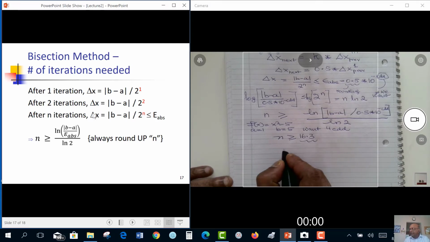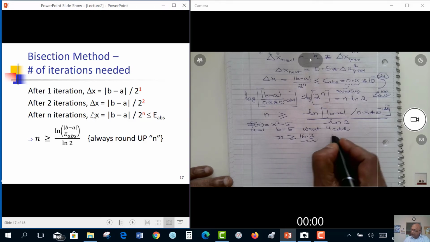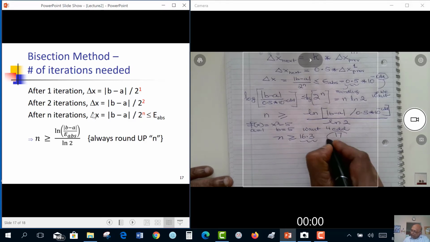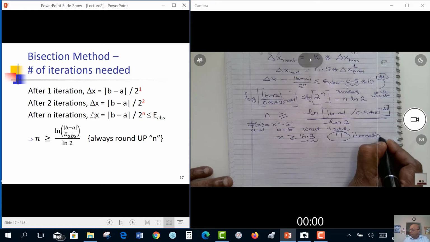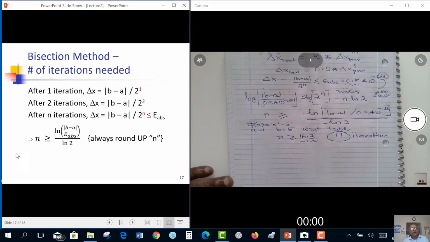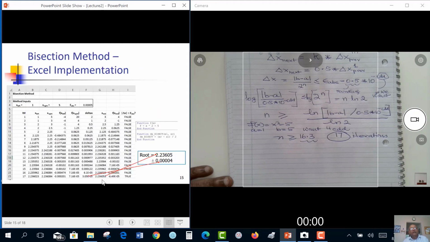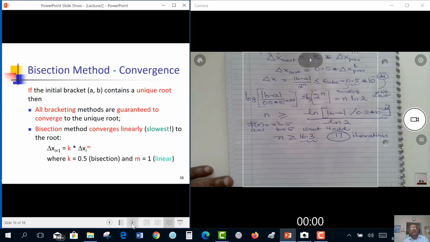So obviously 16 is too few iterations, and we need at least 17 iterations. And you may remember we just did our spreadsheet and we found it took exactly 17 iterations to converge.